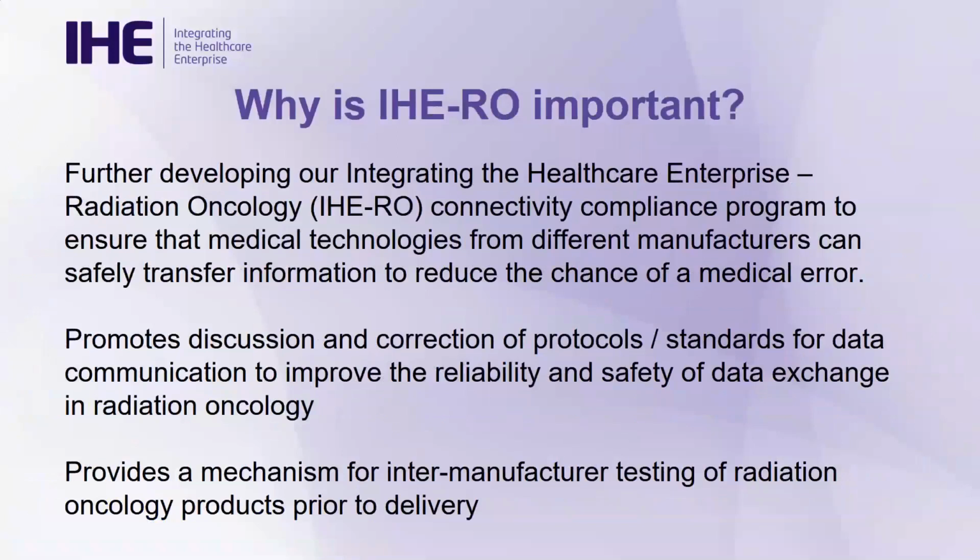Why is it important? Again, I kind of mentioned that. It is to ensure that information being passed from one manufacturer's system to another manufacturer's system is accurate and clearly understood, so that the patient treatment will be safe and remove as much ambiguity as possible.